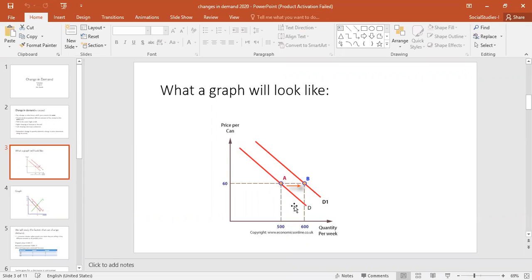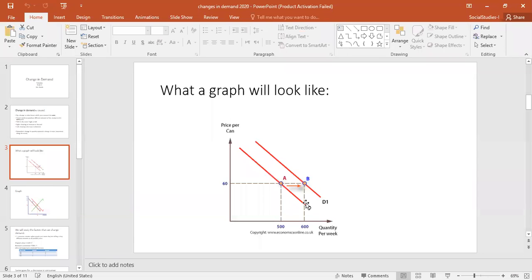We're going to go from line A to line B. So here we see a change in demand with a shift. We're no longer moving along the curve. We're creating a whole new curve. Do you guys understand this concept? Yes. A change in price was shown in a movement along the curve.